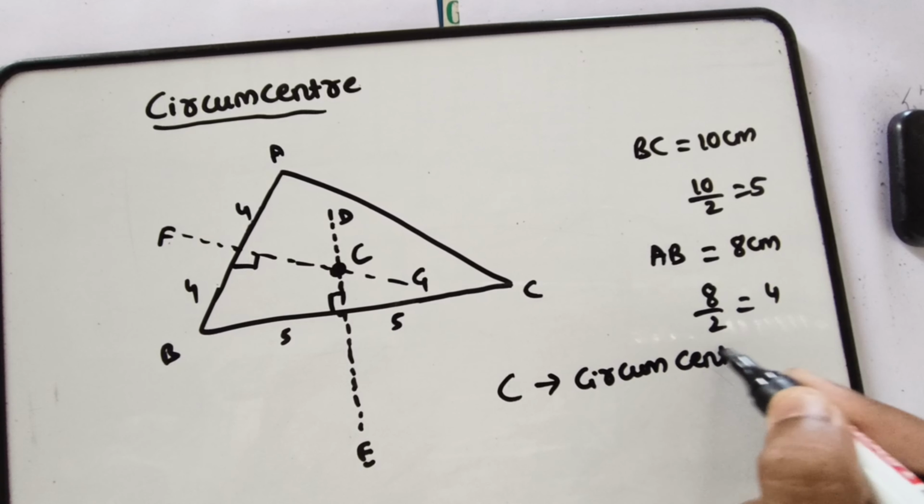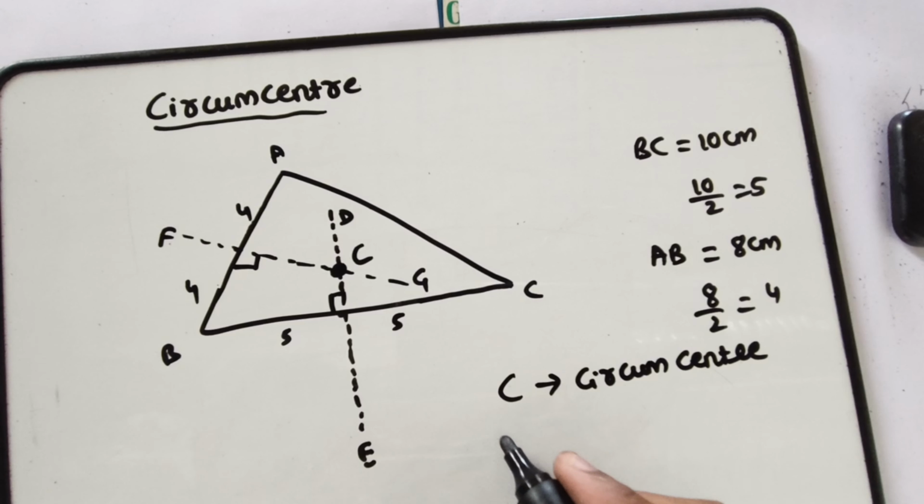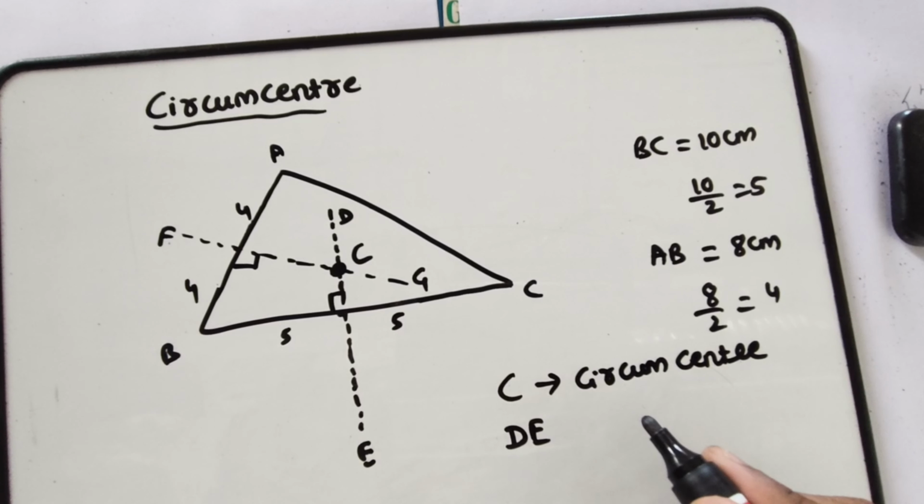What is circumcenter? Circumcenter is nothing but, with C as the center, I can draw a circle for the triangle.